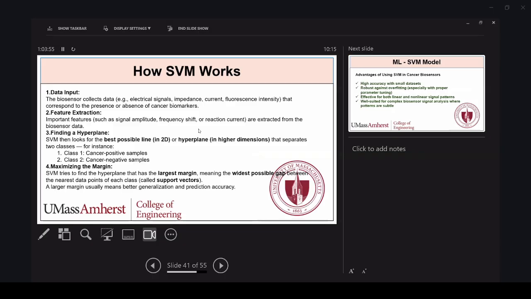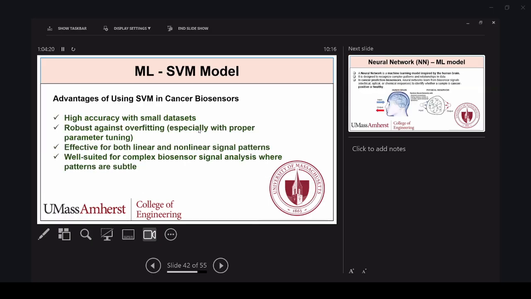Then the important features are extracted from the biosensor data, like the current, time, or frequency range, usually from 1 hertz to 1,000 kilohertz. Then it finds a hyperplane between the two classes, maximizing the margin. That is how SVM works.